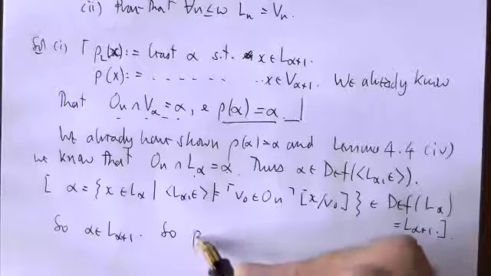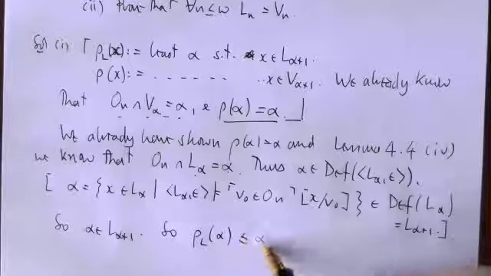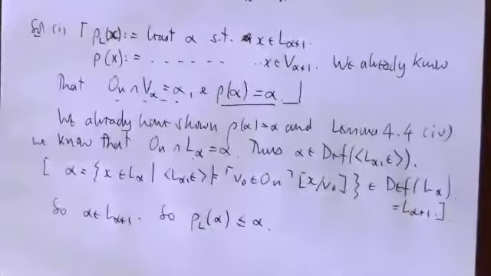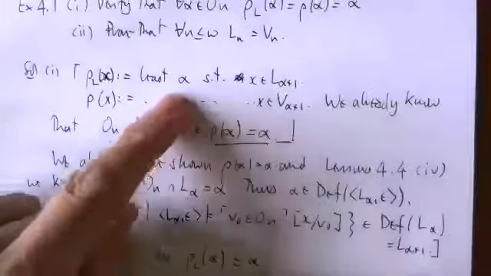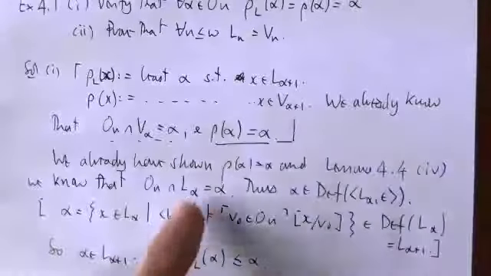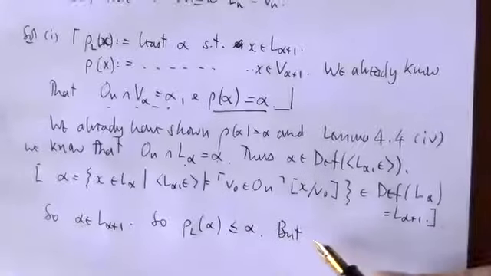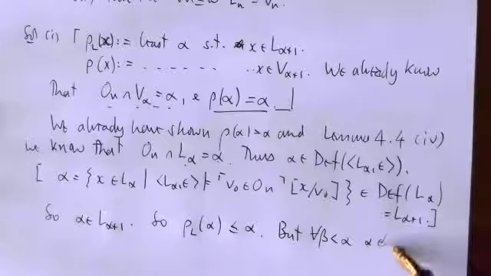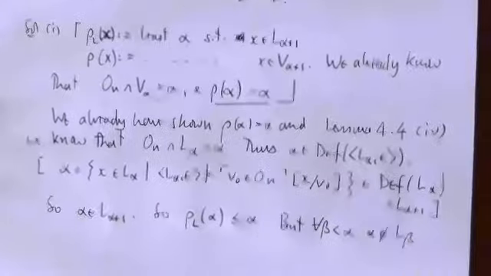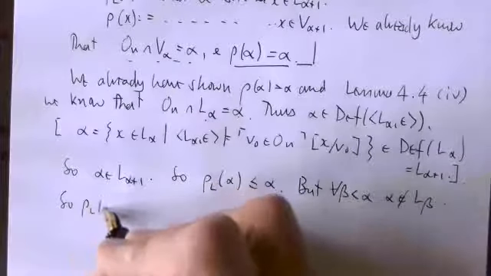So this means that the L rank of alpha is less than or equal to alpha. Strictly speaking, you need to argue that it can't be smaller. Well, it can't be smaller because alpha is not a member of any smaller L betas. So the other direction.